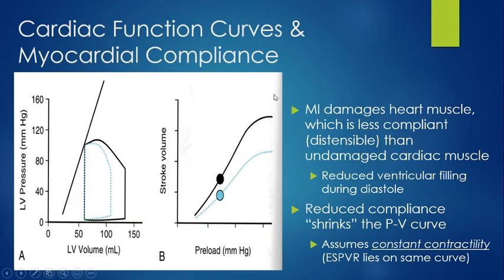Another thing that can impact the function of the heart and this volume pressure relationship is myocardial compliance. When you have a less compliant heart, you're going to see changes in this volume pressure relationship. To relate it, when someone has a heart attack, you're basically getting a blocking of blood to the muscle surrounding the left ventricle. Ultimately, some of those muscle cells die off, and that dead muscle tissue has to be replaced with something.